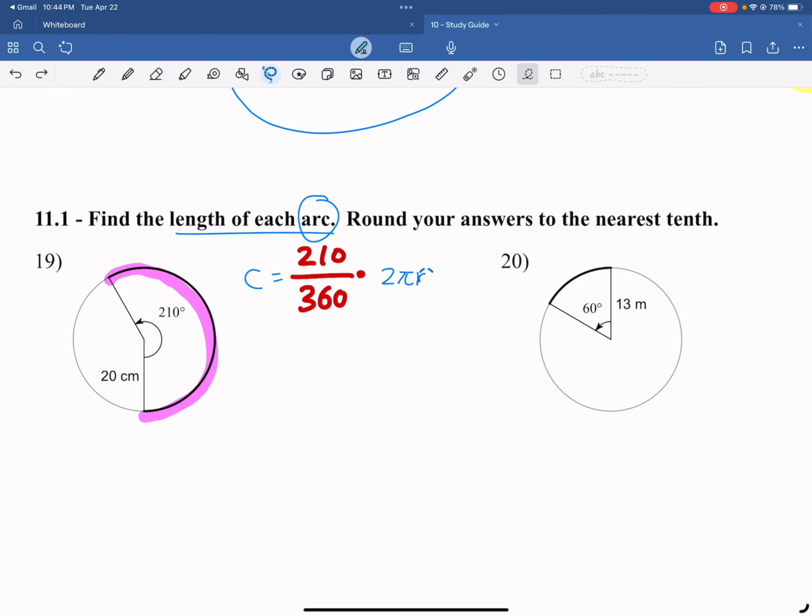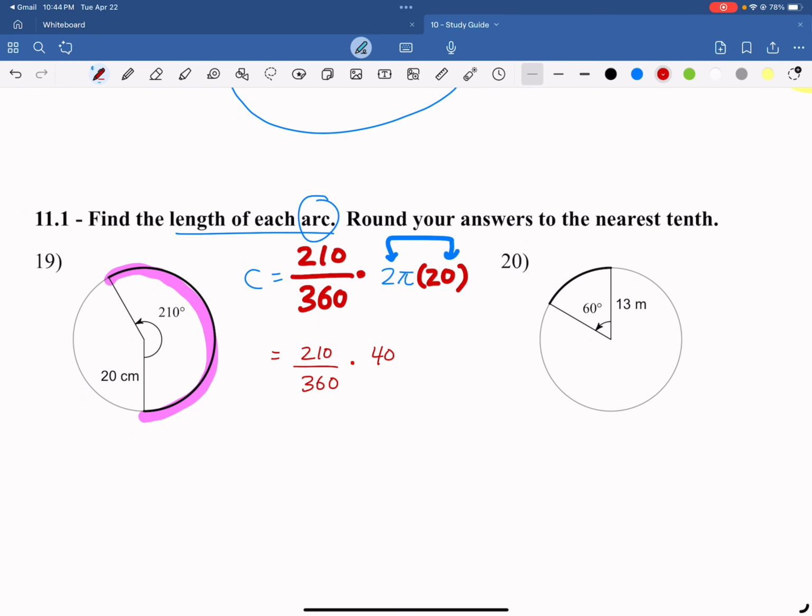So at this point, let's plug in something for radius. So radius, we're going to plug in for whatever that number was. In this case, it's 20, right? So working with these, before you plug it into the calculator, you generally want to simplify as much as you can. So 210 over 360 times 2 times 20.